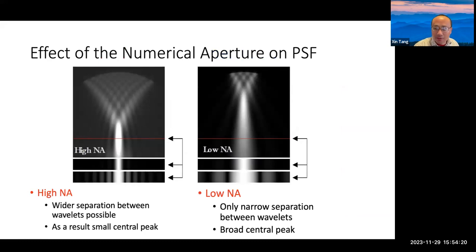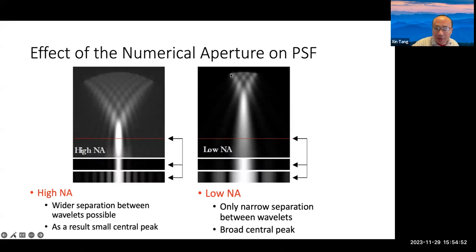Now, remember we talked about the idea of a numerical aperture. If the size of the aperture is larger, the angle is wider, you have a longer wavefront, and then you will have more wavelets around this line. It turns out the final interference pattern in the imaging plane becomes brighter and narrower.